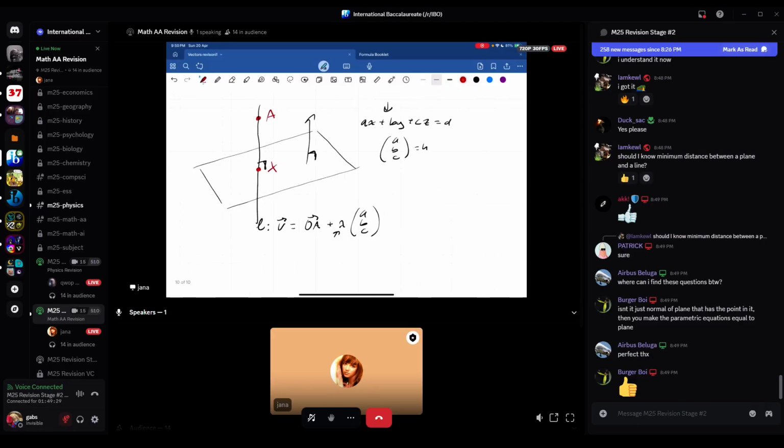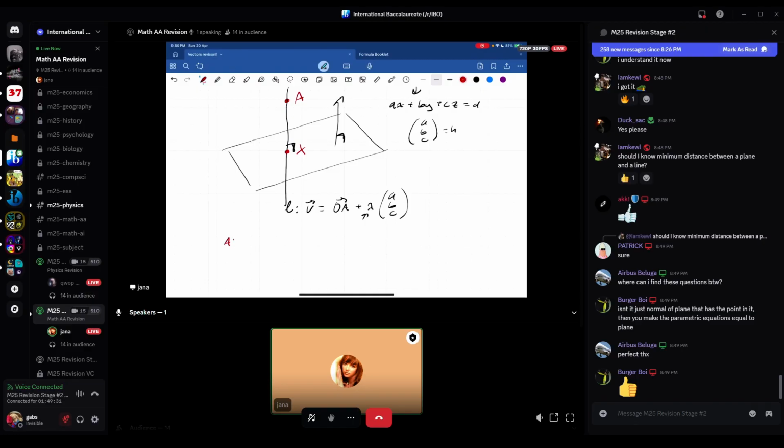We can call that X. Then if we find vector AX, we can find the magnitude of that vector, which will give us the minimum distance. There we go.